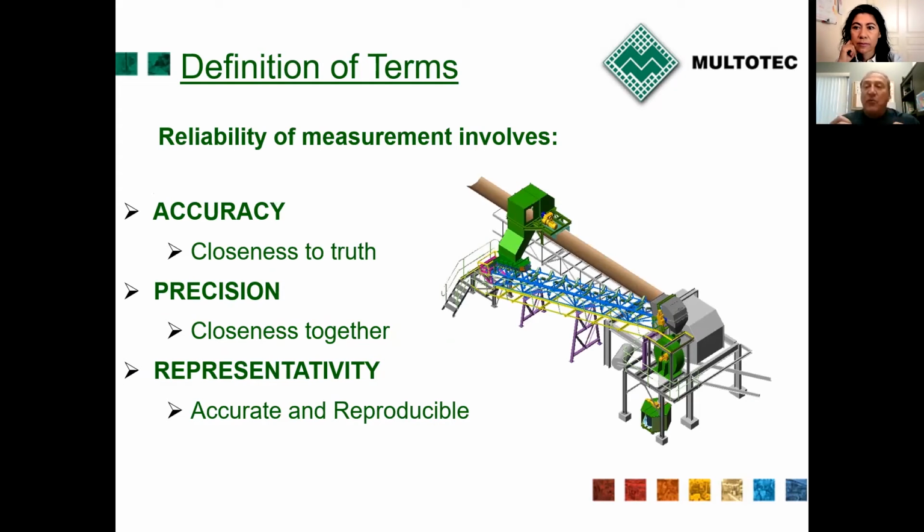Every time you measure it or take a sample, it must be representative of what you have in the process. So if your process is stable, all the collected material should be in the same area. The representativity is the combination of being accurate and reproducible, or precise.